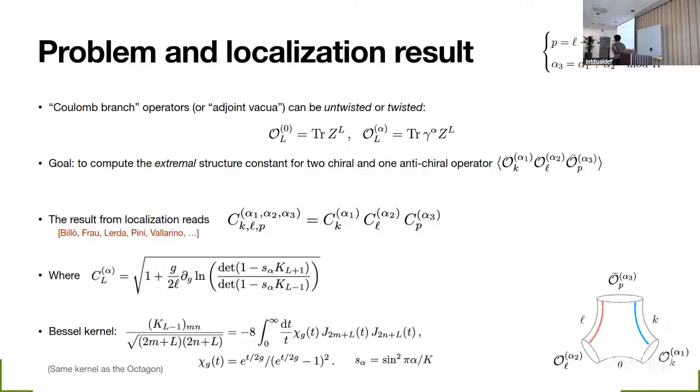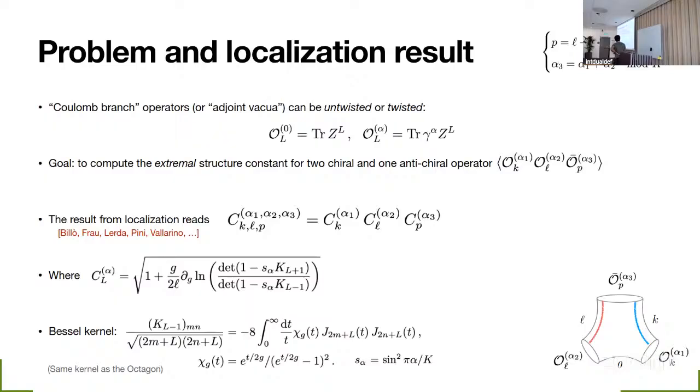And okay. What does extremal mean? Extremal just means that one of the bridge lengths is zero, so you don't have any Wick contractions directly between these two. So you see this length.